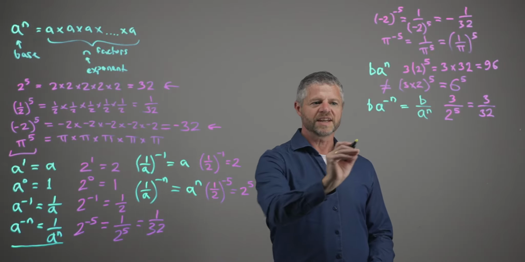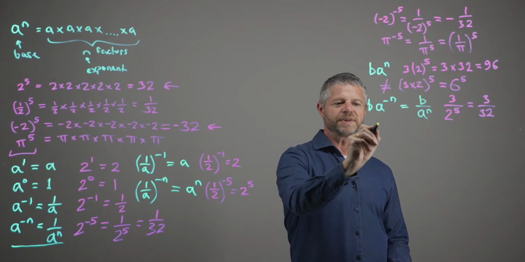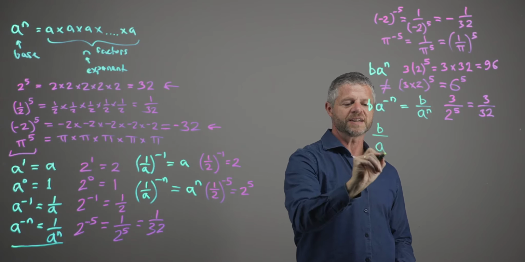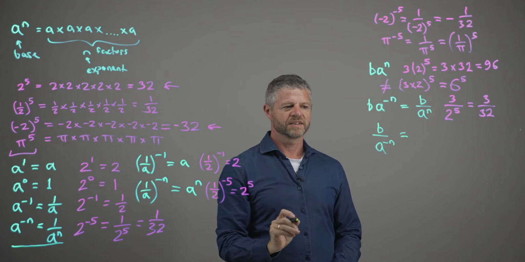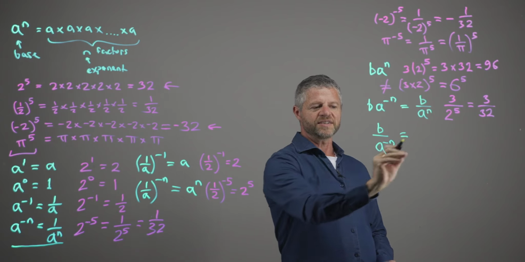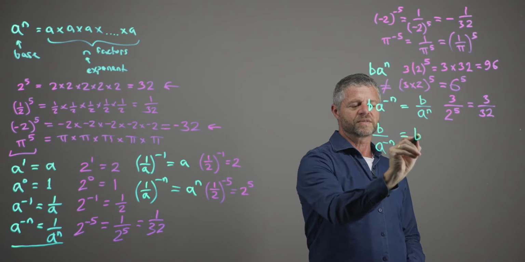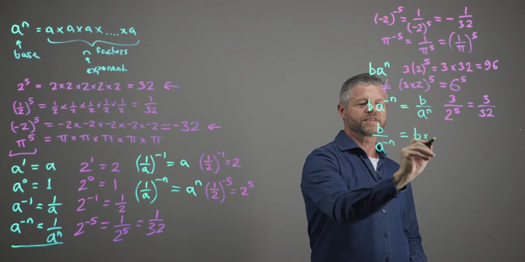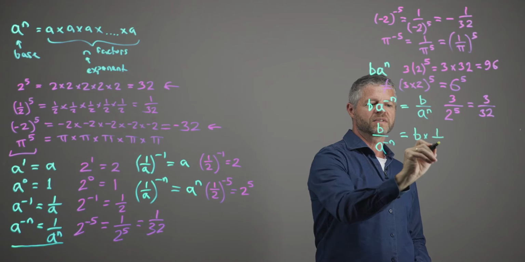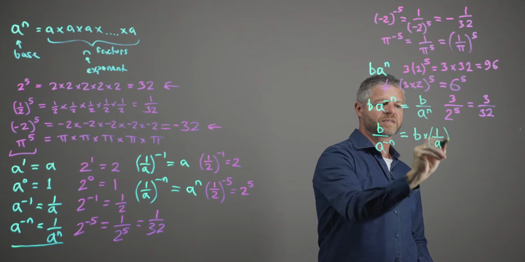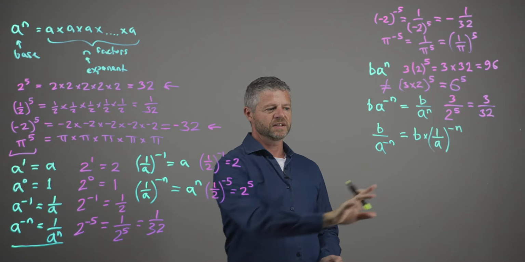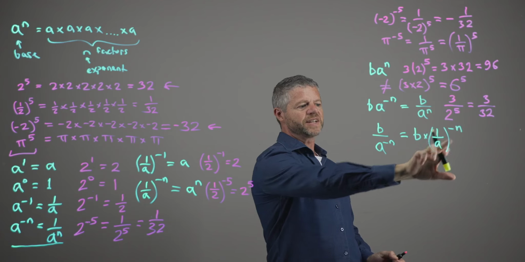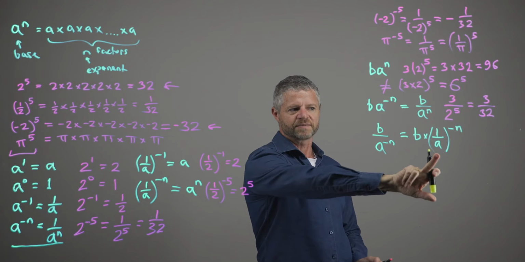And one last example, let's do b divided by a to the minus n. So we could think of this as b times 1 over a to the minus n. Because I've got a to the minus n in the denominator.